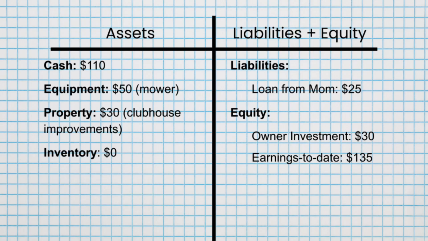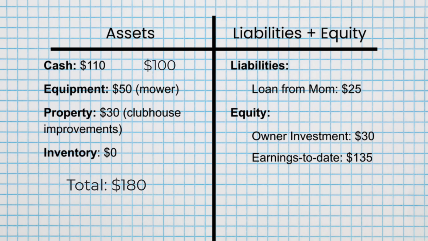Let's update the numbers. For cash, we have $110 minus $10 on supplies. Now it's down to $100. Assets now are cash with $100, a mower worth $50, a clubhouse improvement worth $30, inventory worth $0 for total assets of $180. On the other side of the equation, we have liabilities.